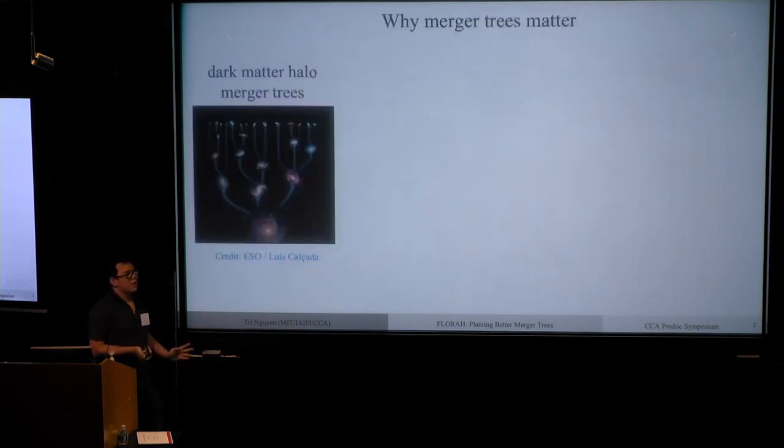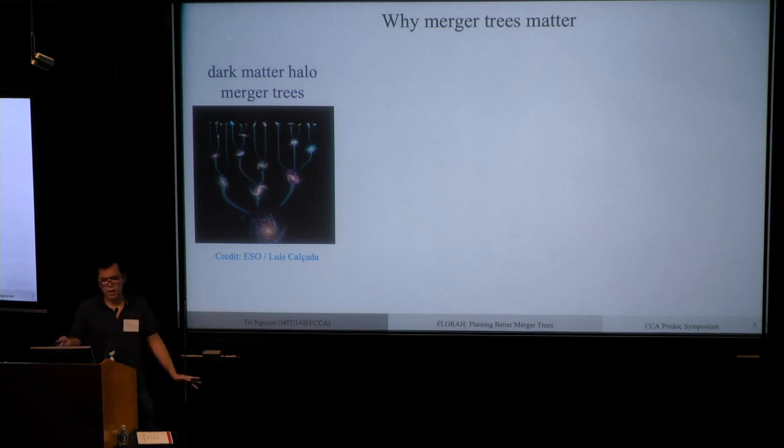So why should you care about merger trees? What you want in the end is to study populations of galaxies. You want to study how your population of galaxies changes if you have this physical model or that physical model, and compare that with observations. So our goal is to have galaxies. But N-body simulations and hydro simulations are extremely expensive. You cannot simply run them and get galaxies.